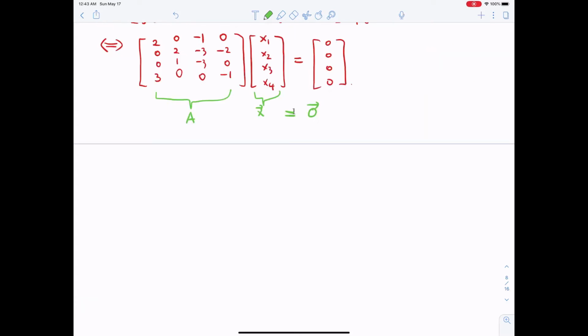So this is a homogeneous equation, and if you have a homogeneous equation, how do we find the non-trivial solutions?